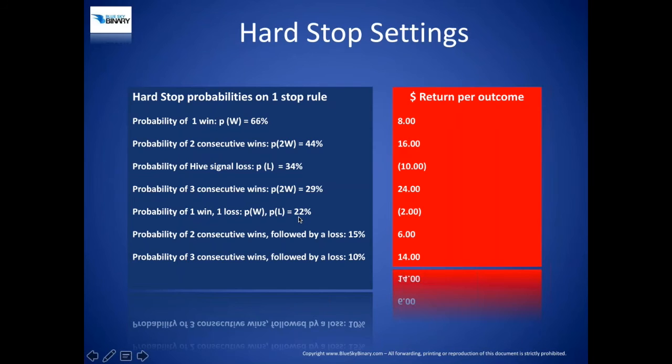It's actually half the probability of having 2 consecutive wins. You're twice as likely to have 2 consecutive wins, at 44%, than you are with 1 win and 1 loss. And the probability of 2 consecutive wins followed by 1 loss is 15%.